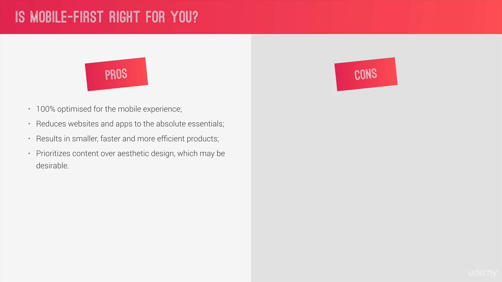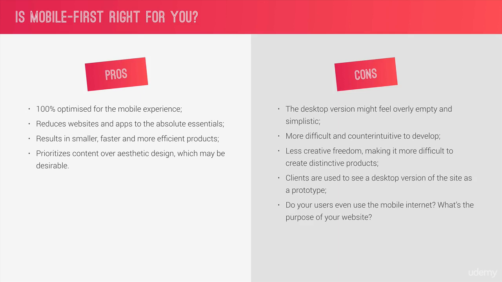Another big advantage of mobile first is that having all these design constraints on smaller screens, we automatically prioritize content over purely aesthetic design, which also makes sense because I'm sure that you've heard the sentence, content is king, right? However, the problem with this strategy is that we end up with the opposite problem, where the larger desktop version might feel overly empty and simplistic.